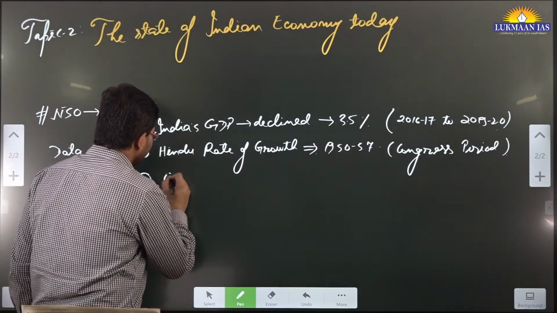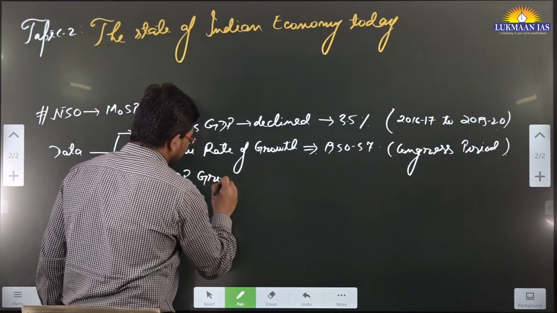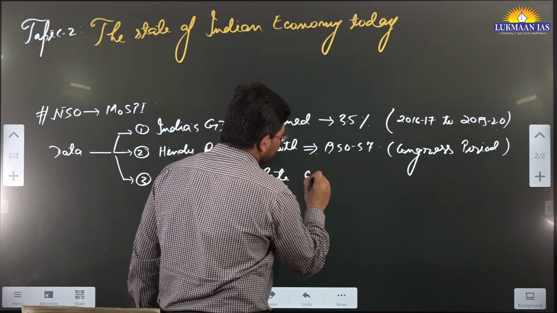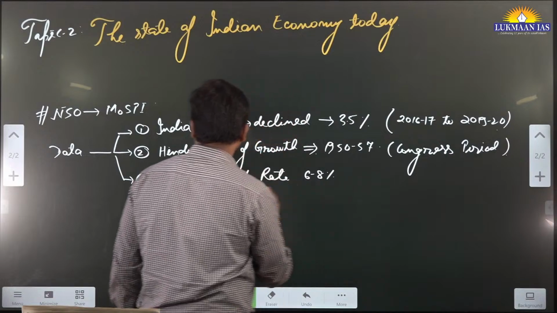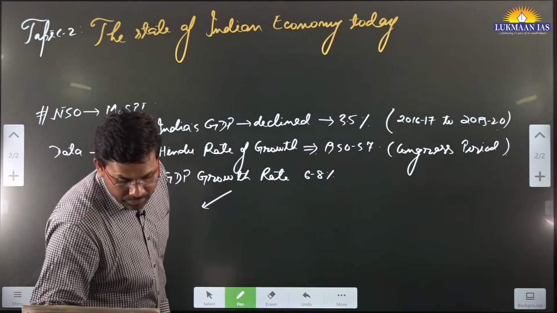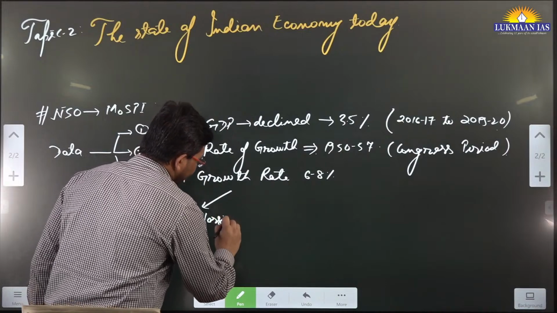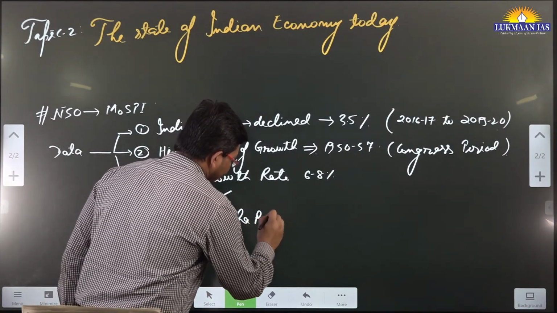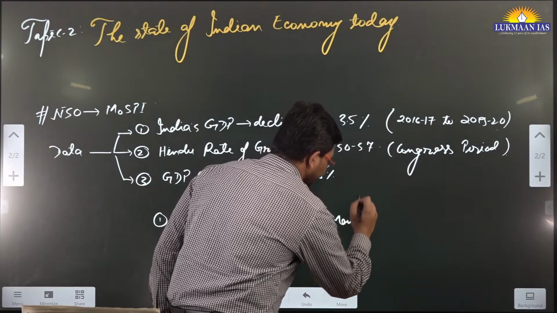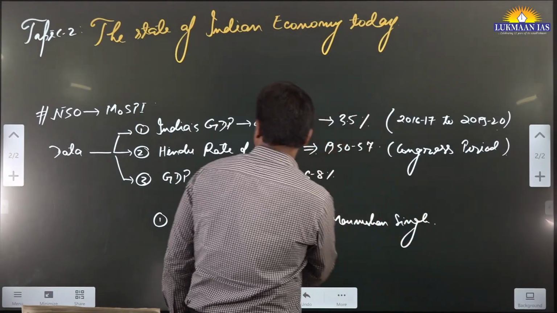So here they say the GDP growth rate grew 6 to 8% during the time of two prime ministers: number one, PV Narasimha Rao, and second, Dr. Manmohan Singh.